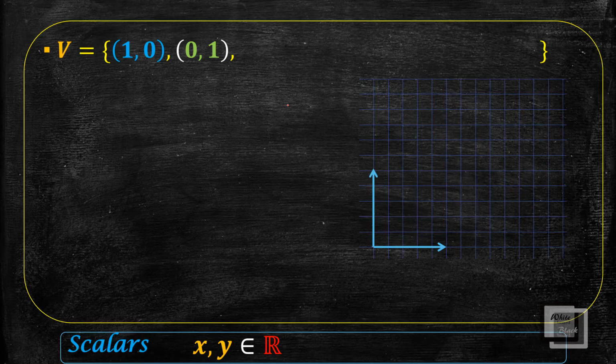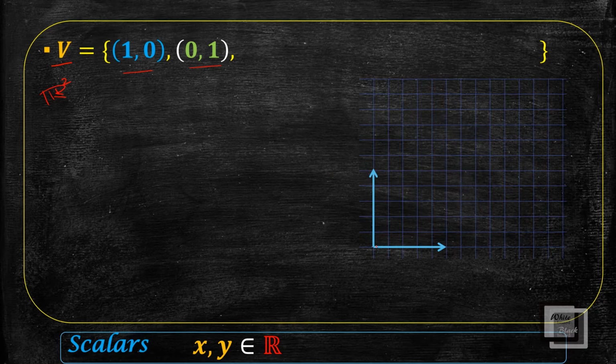Let us try to construct a vector set with the help of elements from real numbers, or say scalars. So I try to construct a set of vectors from R^2 space starting from two elements (1, 0) and (0, 1). So I want to introduce the concept of vector addition.